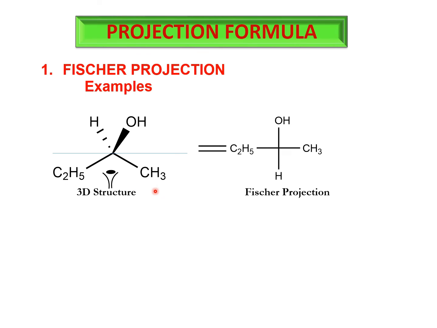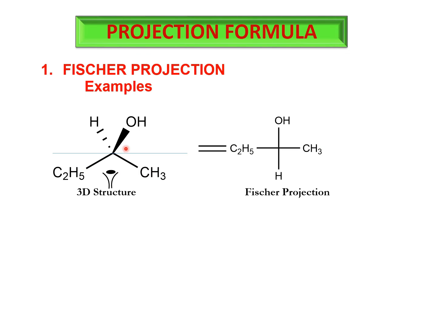It's like you're standing in the screen facing towards the back of the screen and looking up. You will see CH3 to the right and C2H5 to the left, right? So you draw it on the horizontal line, and H and OH will appear on the vertical line.